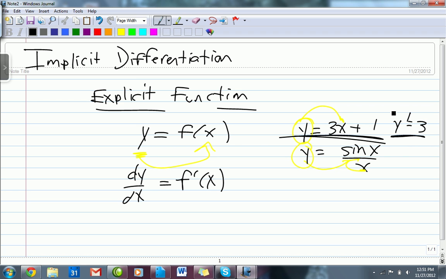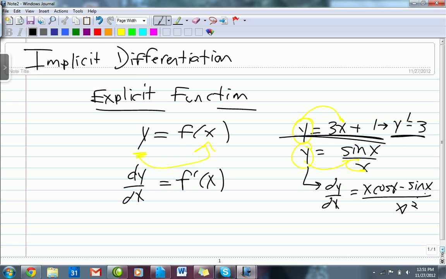If y equals sine x over x, then y prime, or dy/dx, is equal to, by the quotient rule, low d high minus high d low, all over low squared. Of course, we have many rules to consider. But either way, it's very clean the way we think of a function y in terms of x and differentiate y in terms of x, an explicitly stated function.